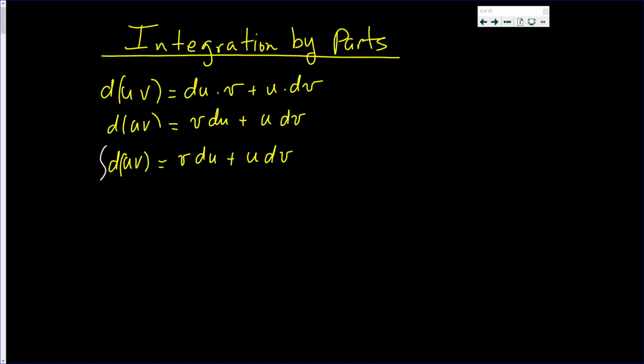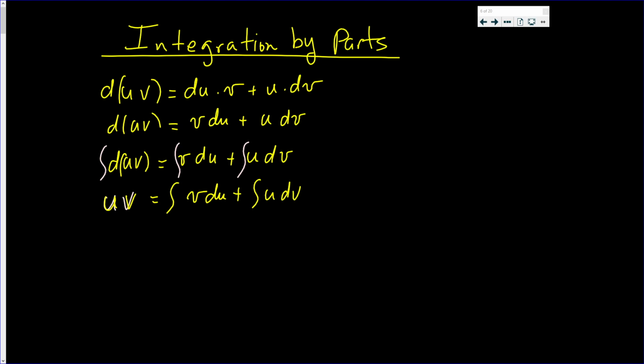Remember, the integral over a sum is the sum of the integrals, so I can do that. Now, the integral of d(uv) is just uv. And this is equal to the integral of v du plus the integral of u dv.